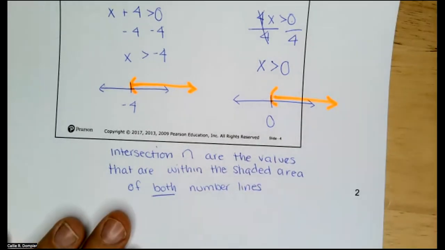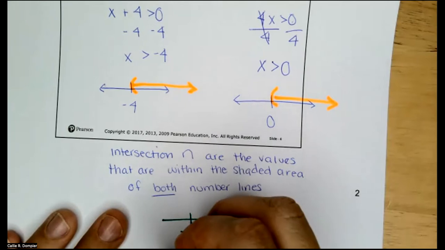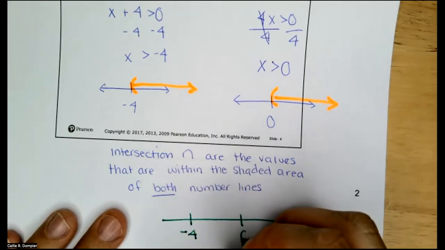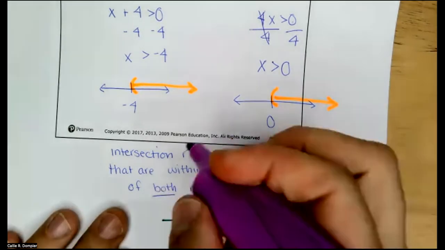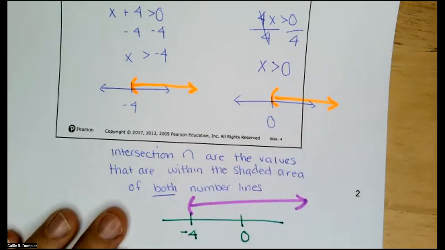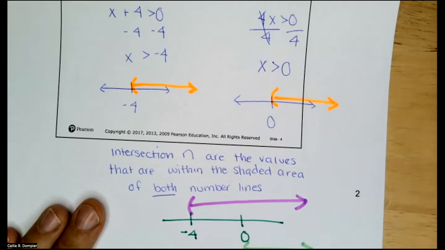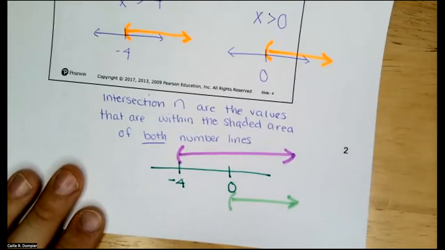Okay, so if I put these both on one number line, now I have to put -4 over here, 0 over here. I'm going to give them two different colors. So -4 looked like this. 0 looked like this, right? So I just transferred it down here.